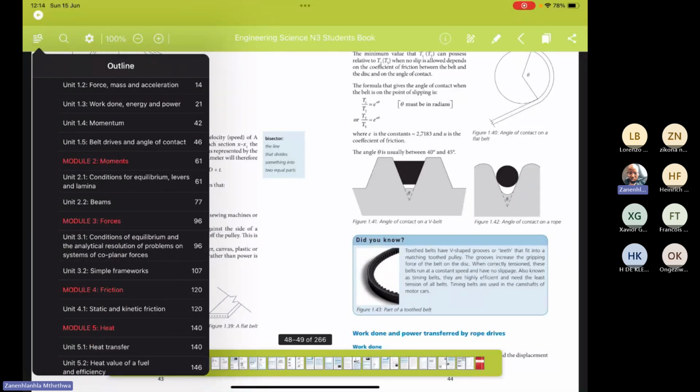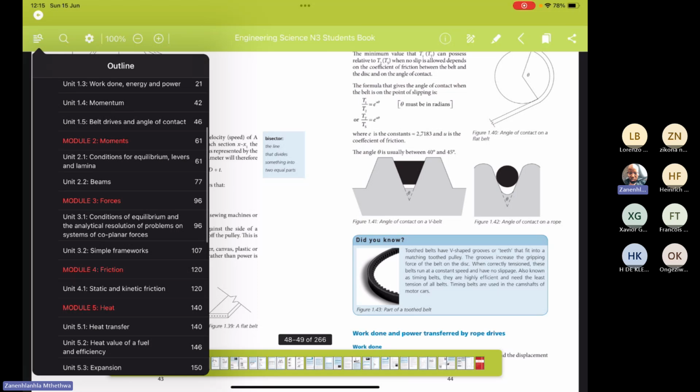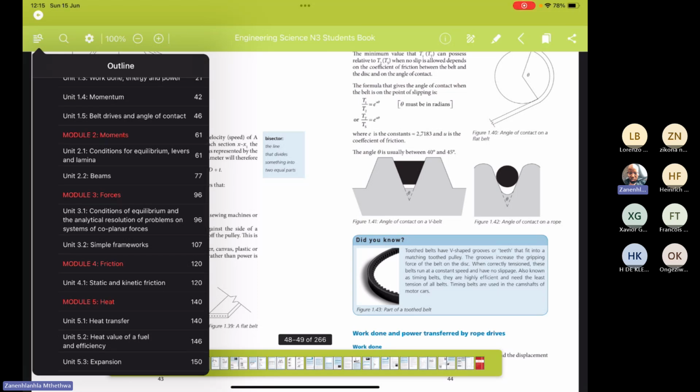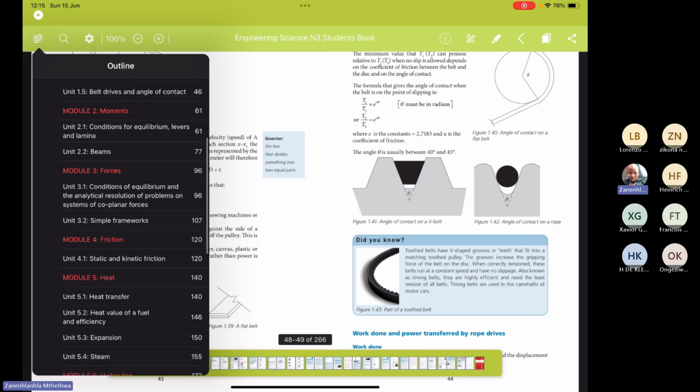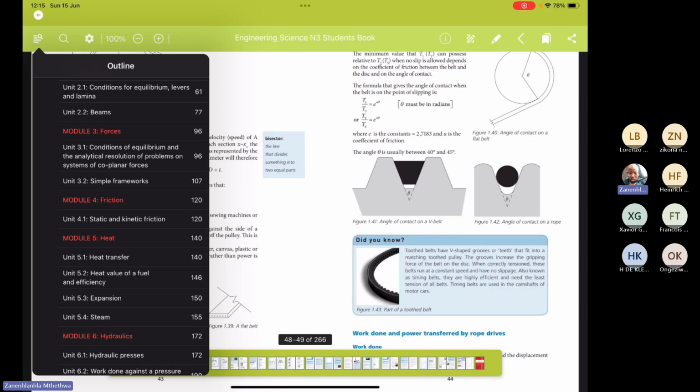Moments, module 2, will be there. Under moments, it'll only be beams. Laminars we'll look at later in the trimester. So forces, moments and friction will definitely be there. I'm yet to decide if I'm going to include a bit of heat as well.